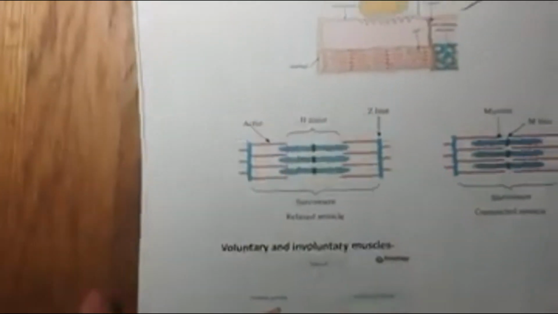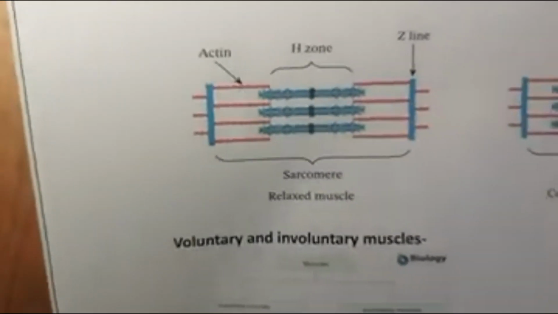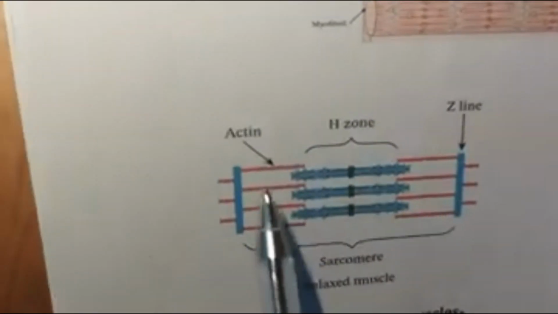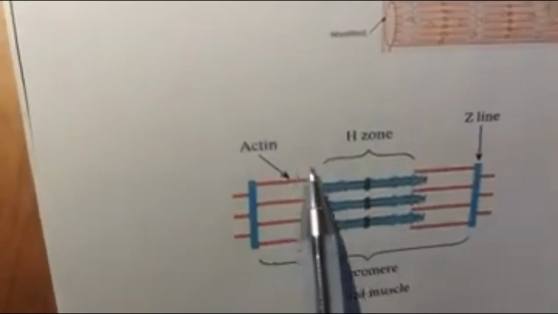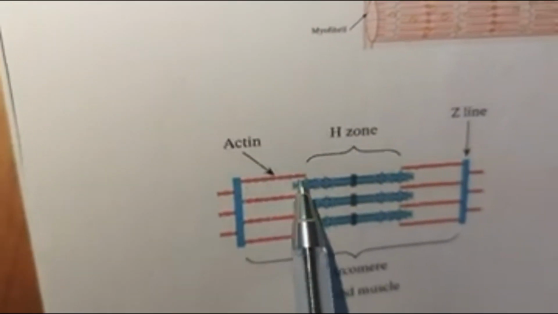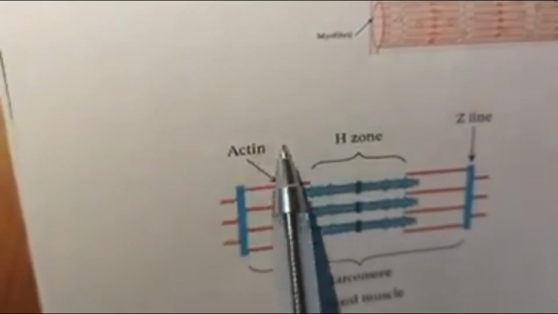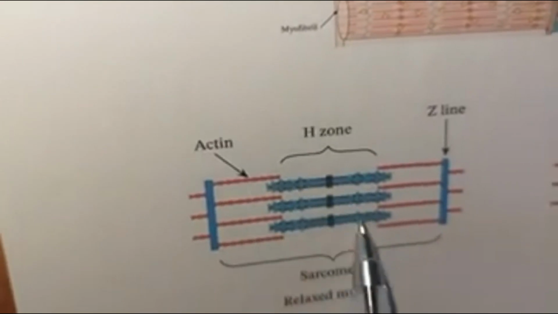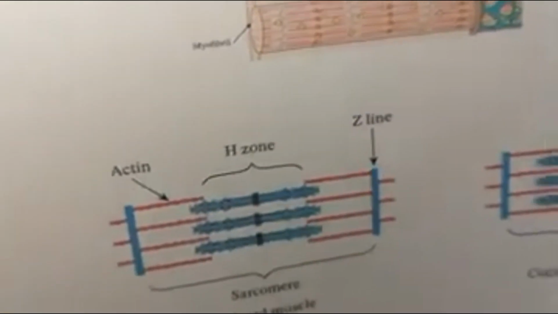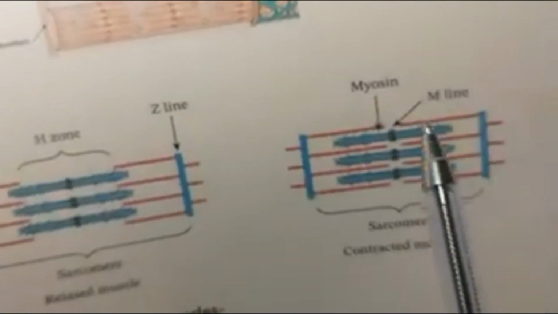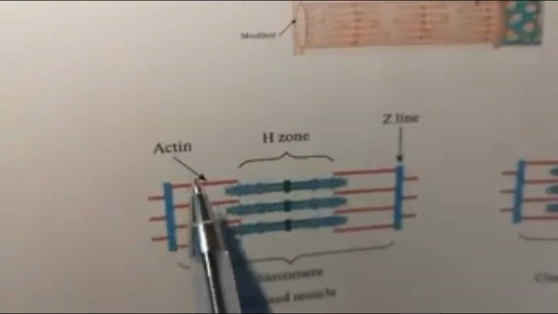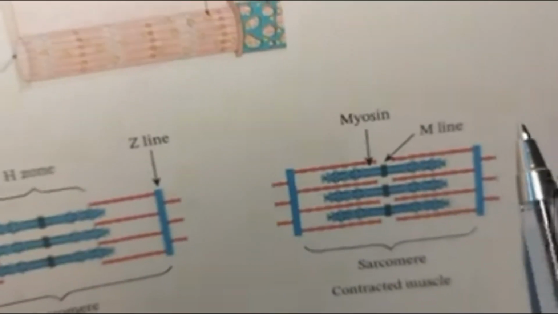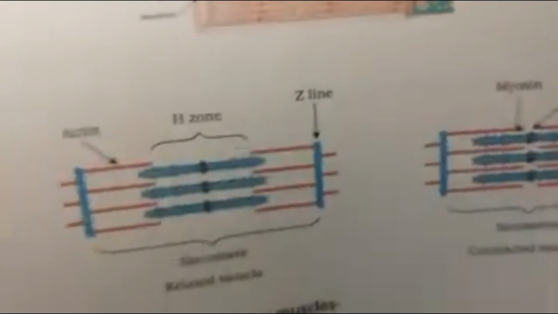Now what are these proteins? Remember, there are two main types of proteins. The thin structures, the threads, are called actin, and the thick structures are called myosin. So actin and myosin are the two main structures.